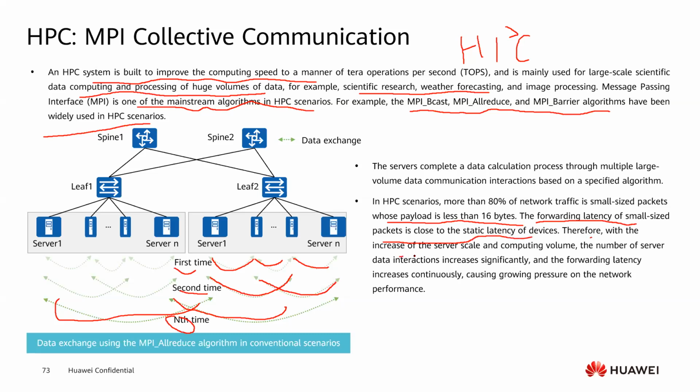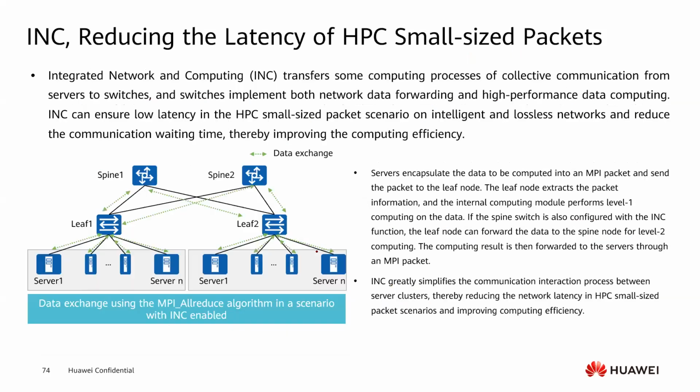Therefore, with the increase of the server scale and the computing volume, the number of server data interactions increases significantly, and the forwarding latency increases continuously, causing growing pressure on the network performance.